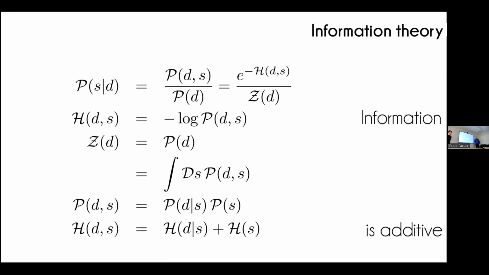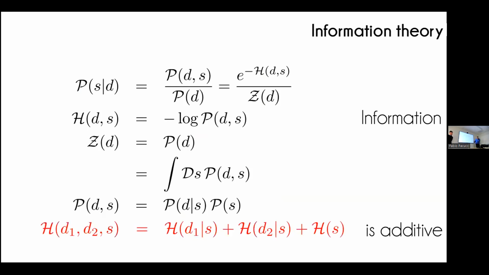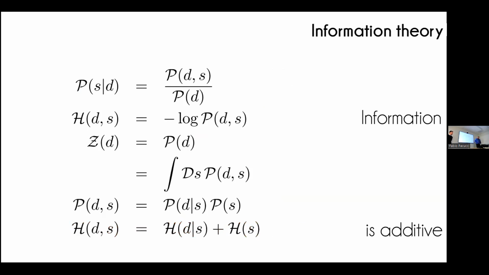That's fantastic. All good things in life are additive, right? Money, energy, love, all additive. Information as well. Is the information the exponent? Yes, it's the exponent. The probability is not really additive, it's multiplicative.